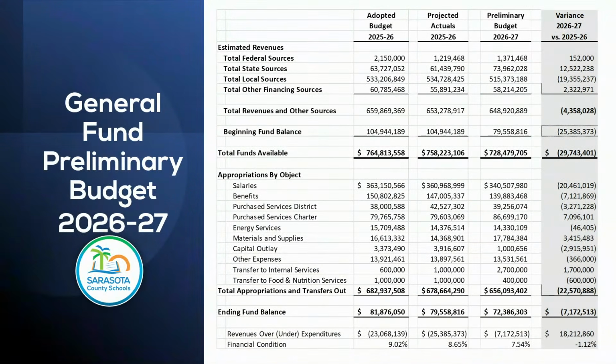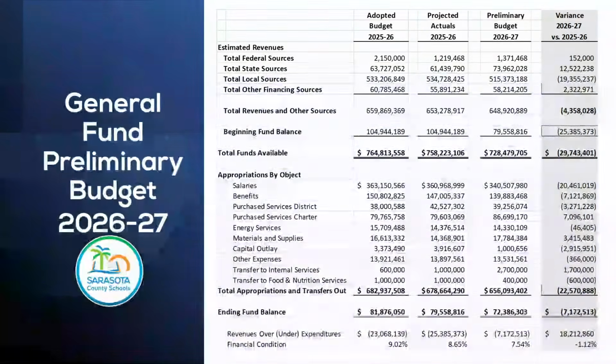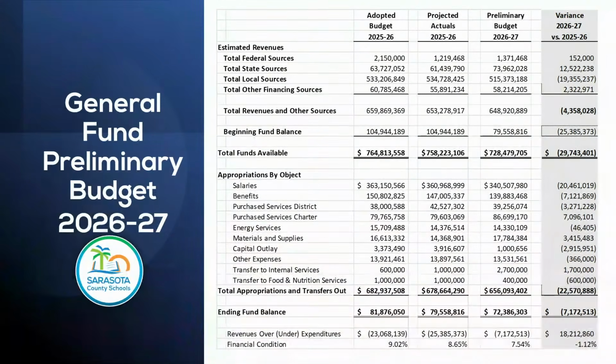For the appropriations, the salaries are coming in a little bit better than we budgeted. The benefits as well, because those coincide. For the purchase services in the district, those are increasing a little bit compared to what was budgeted. But if you had last year's actuals there, you would see it's almost exactly status quo.